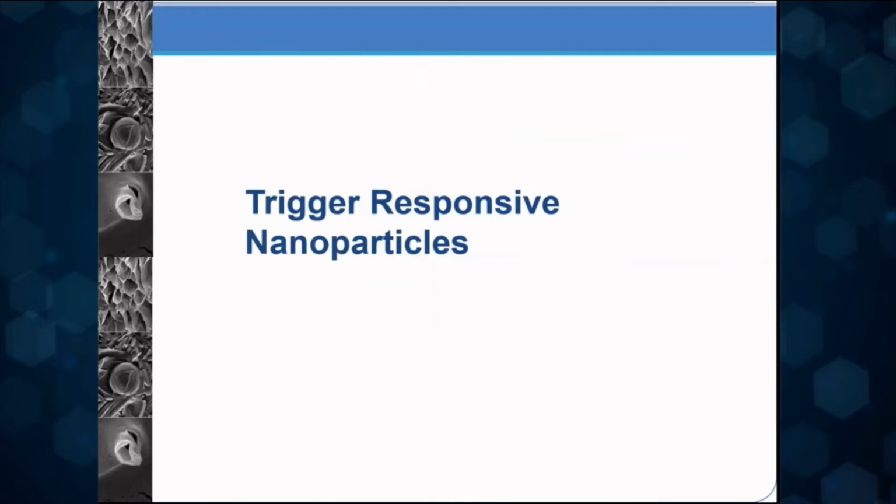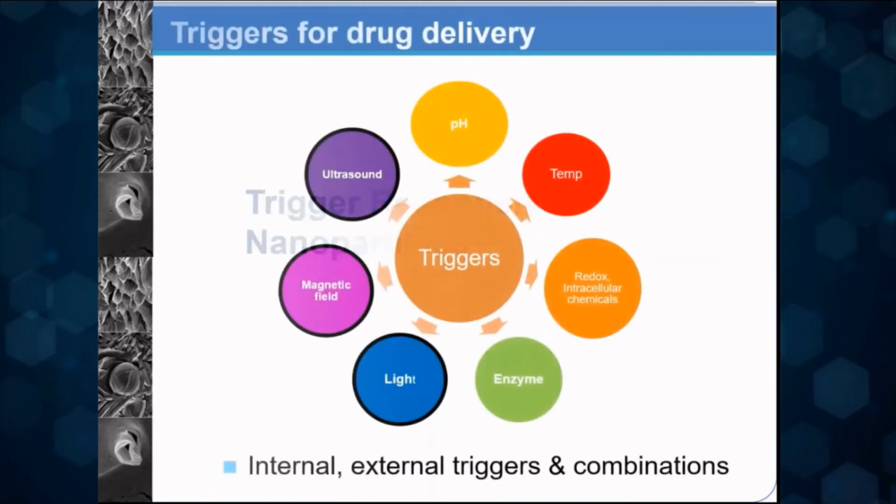And then the concept, as I mentioned, of trigger responsive carriers, nanoparticles as well as biomaterials. Now here, what we're saying is, can we have two different behaviors of the same biomaterial depending on the immediate stimuli that it is subjected to?